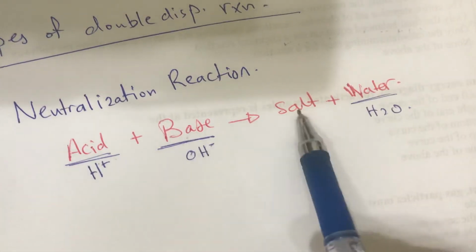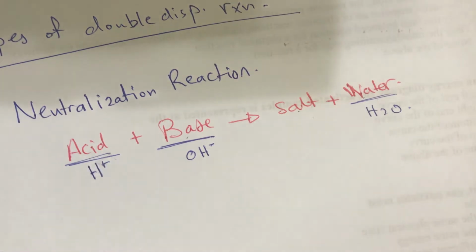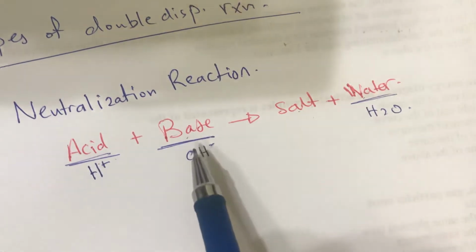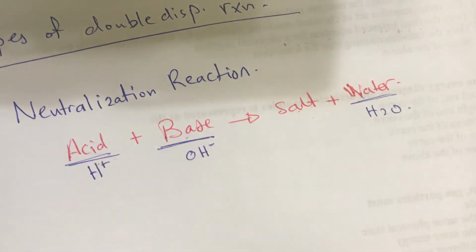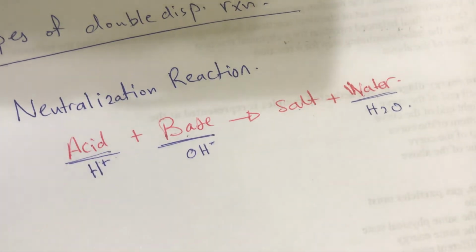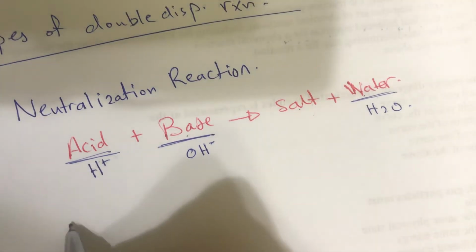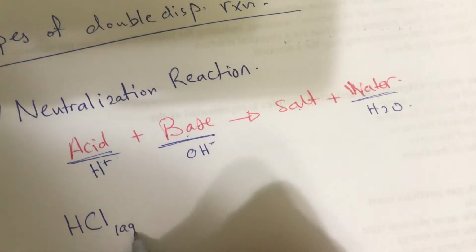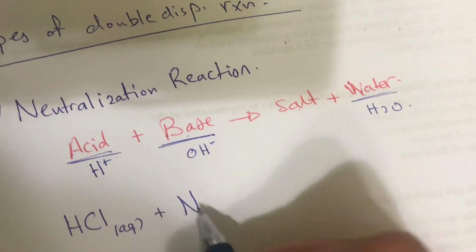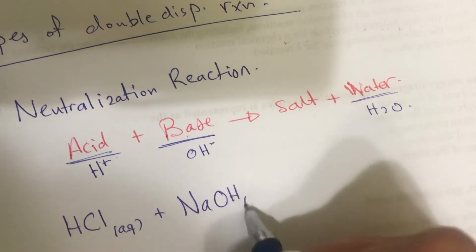Still the general formula: two compounds produce two compounds. But if the reactants are an acid and a base, it's called a neutralization reaction. An example of a neutralization reaction: hydrochloric acid plus sodium hydroxide.